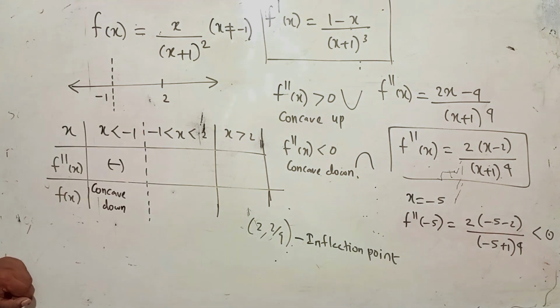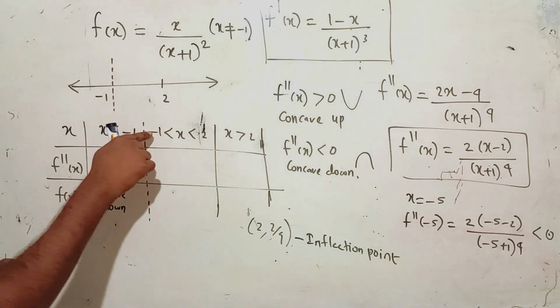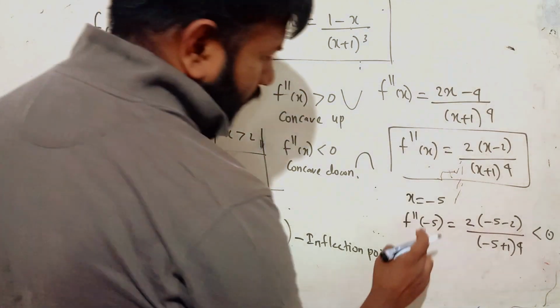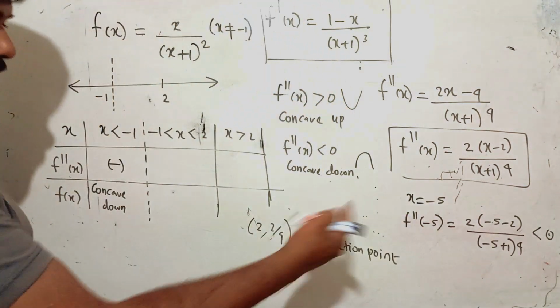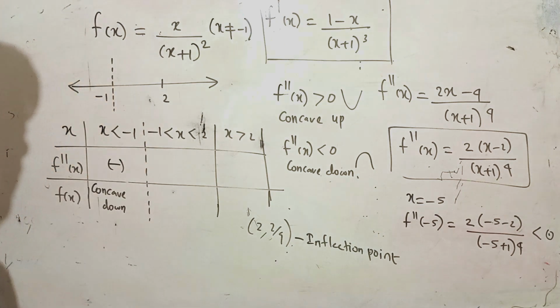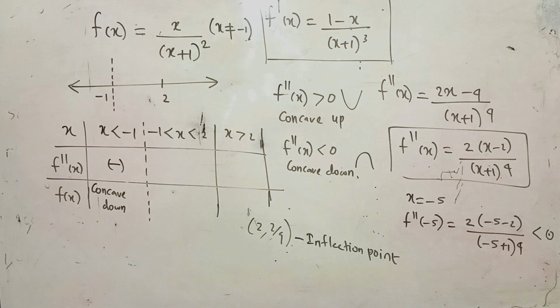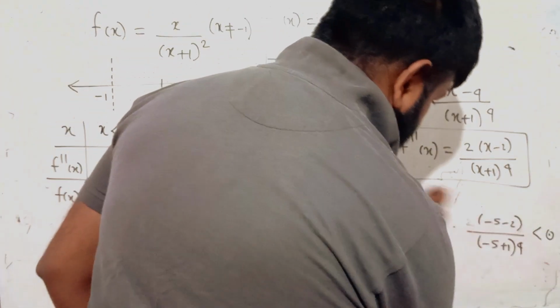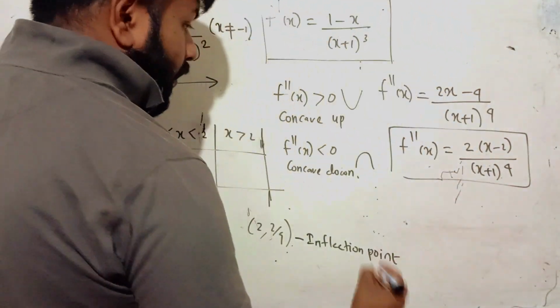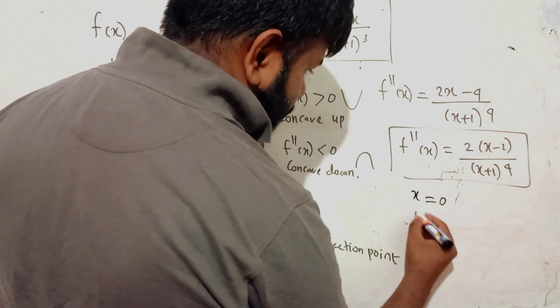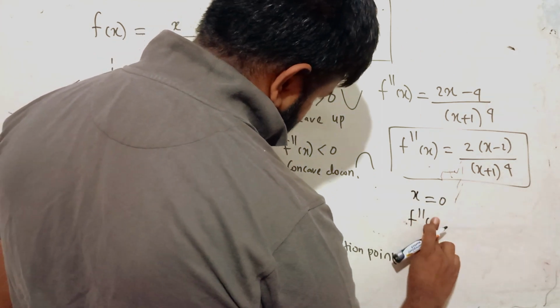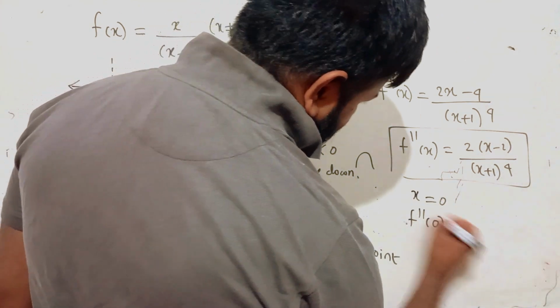Hope you understood. When x is in between minus 1 and 2, what happens to f double dash x? Take a number within this range, 0 is better. When x is equal to 0, check f double dash 0.